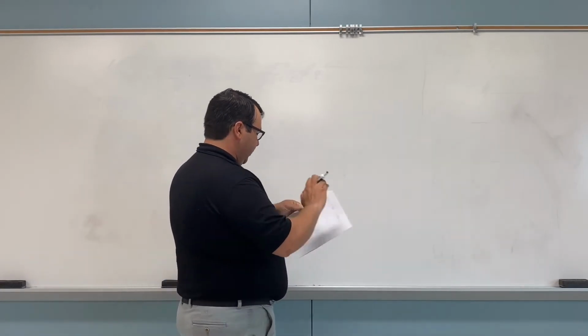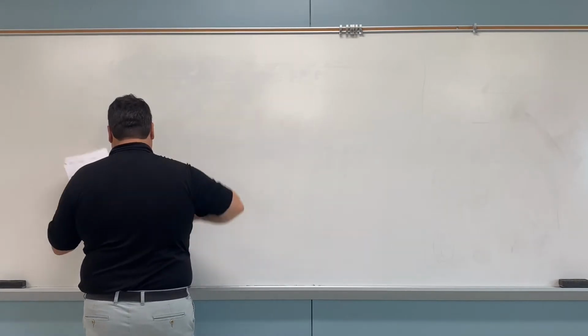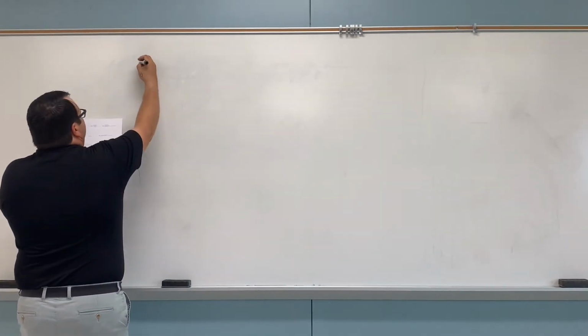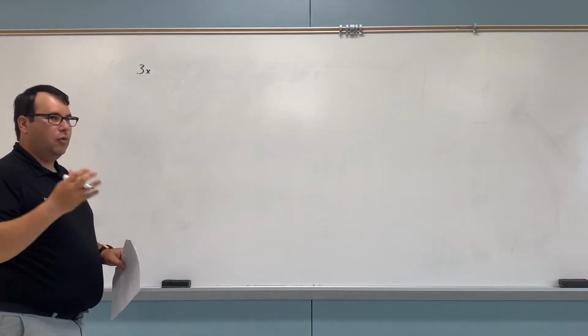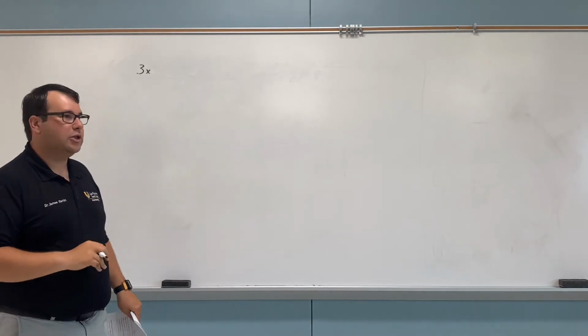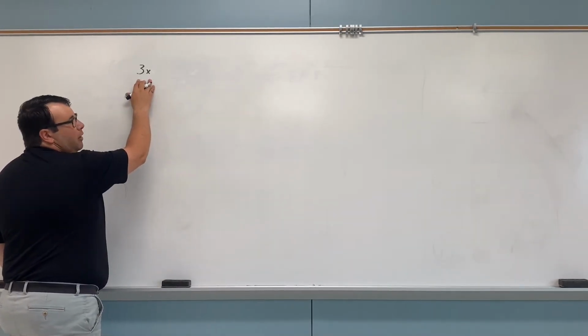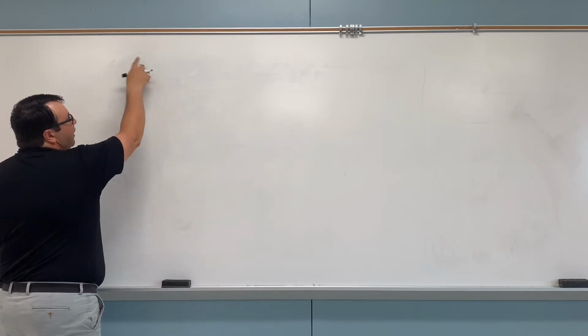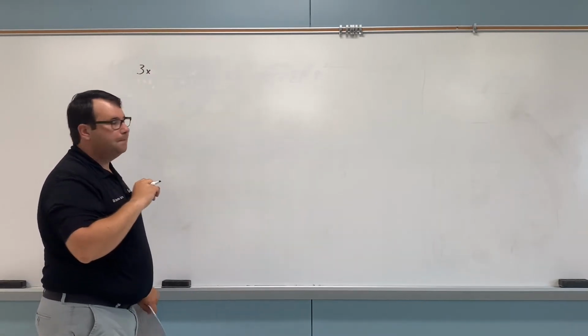Let's go over a couple examples. If I were to look at a very simple example, something like 3x, just as a quick idea. This is not an example per se, I'm just helping to flesh out the idea. When I'm looking at this particular item, this is a single term, and that is what we call a monomial.